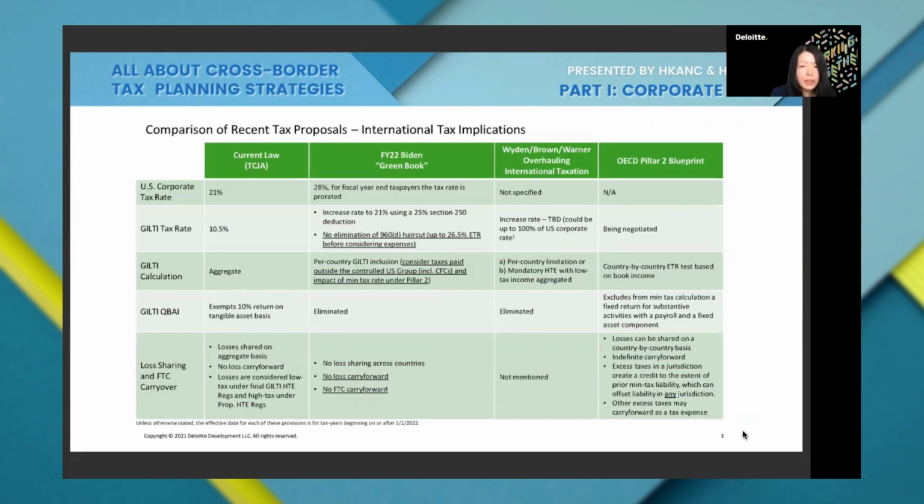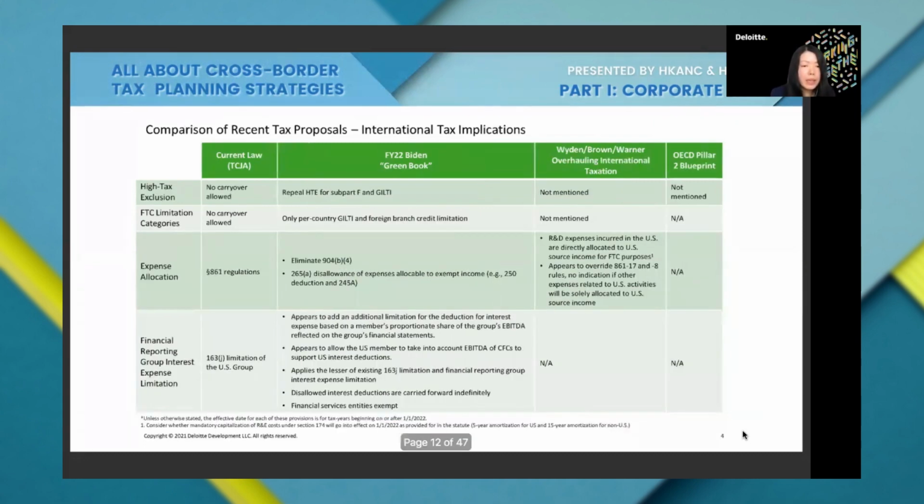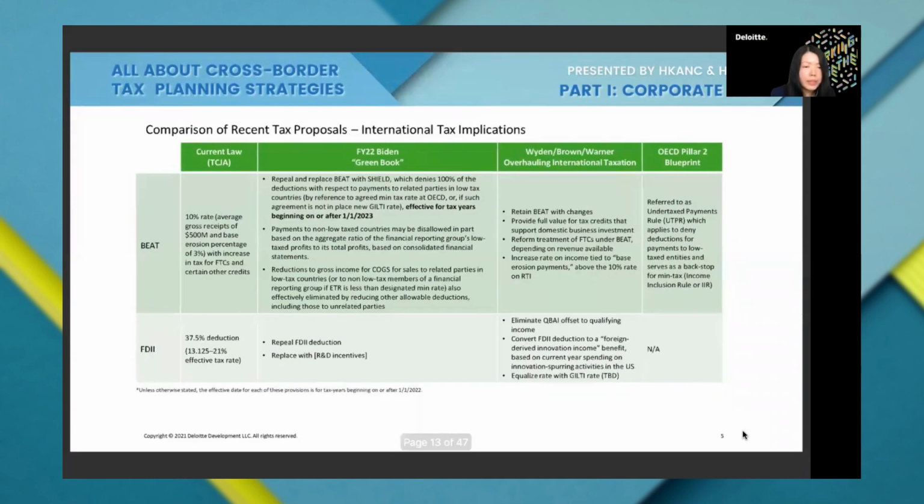The third item that I would like to discuss is FDII, Foreign Derived Intangible Income, on slide number 5. Basically, the concept is that if a U.S. corporation sells two products, and both products are exactly the same and generate the same profit, but one product is sold to a U.S. customer and one is sold to a foreign customer to be used outside of the U.S., the tax rate is actually different, even though both are reported by the U.S. corporation.